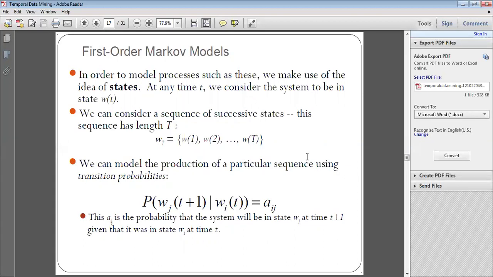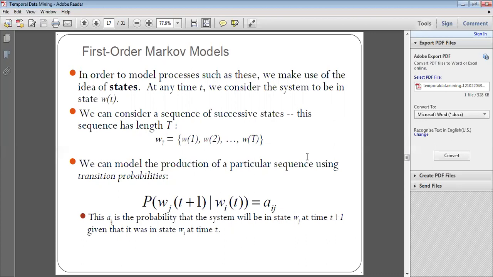Here there are two events i and j, in which Wi is the previous event and Wj is the next event. The timestamp of the next event is also plus 1 relative to the previous event. So Wi is the event at timestamp t and Wj is the event at t plus 1, and the probability for moving from Wi to Wj is equal to Aij.